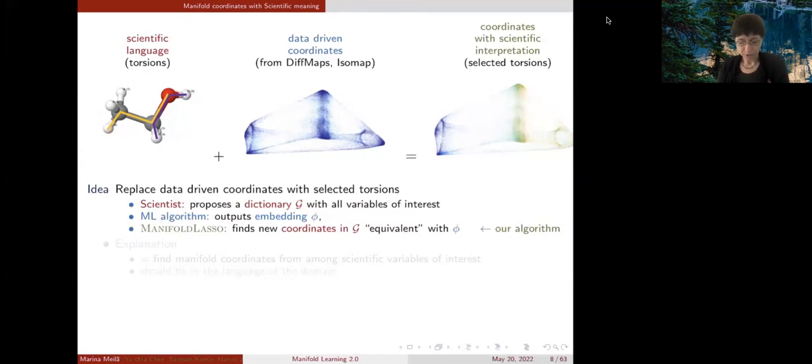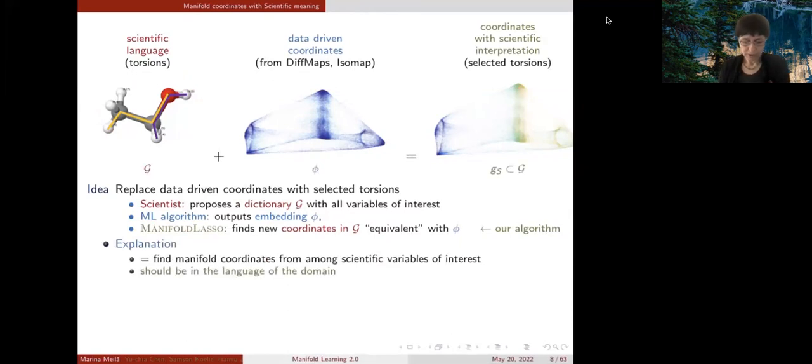Give me a manifold learning algorithm that produces an embedding for this manifold. And then our algorithm is going to take the dictionary and take the embedding and put them together and find in the dictionary another set of coordinates that are just as good for this manifold.